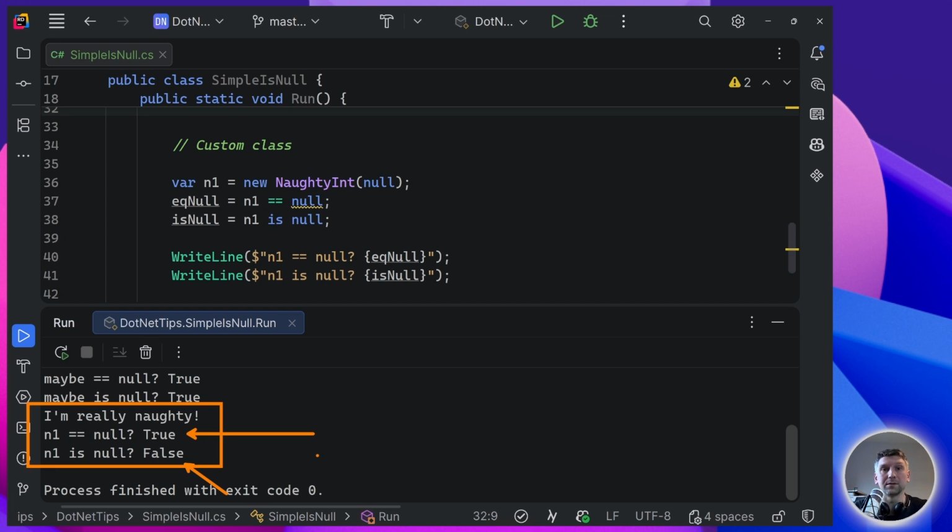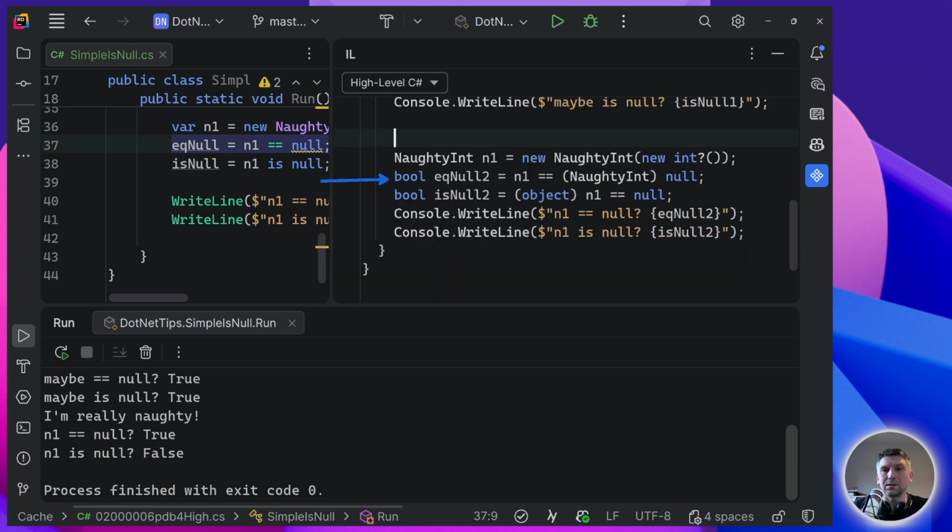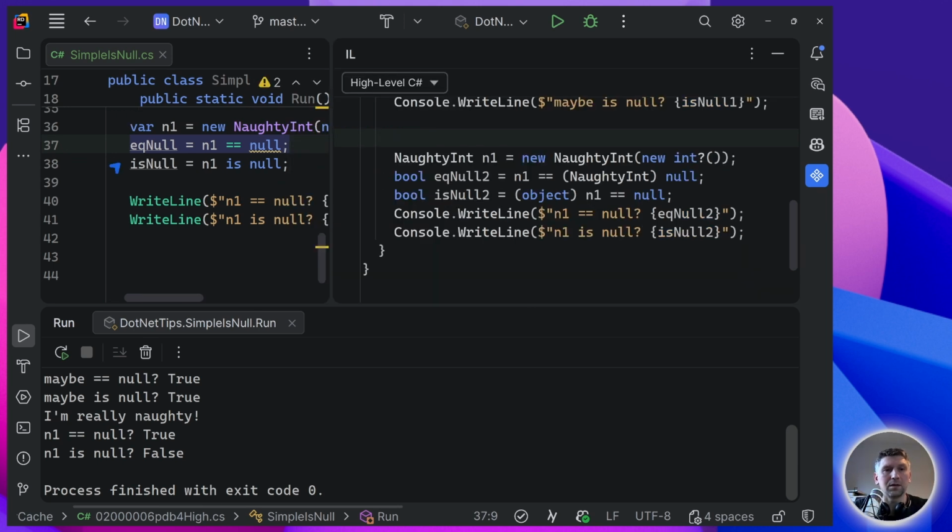Why did this happen? Let's have a look at the IL generated code. For the equals operation, the compiler generated the equivalent of this C# code. And for the is null operation, the compiler generated the following code. It's almost the same, but notice the difference.